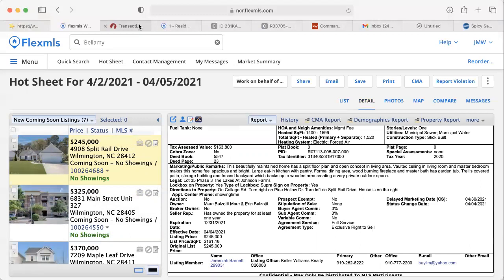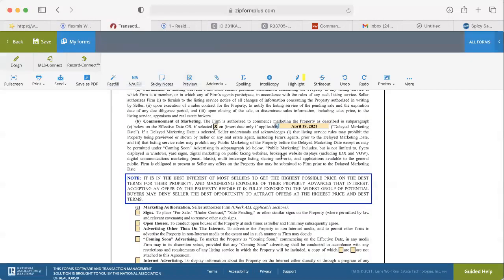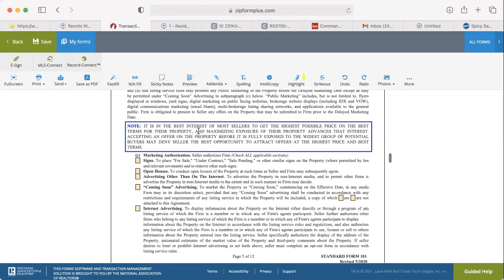Okay. All right, I'm going to go back to our form here. I want to read what's in this blue box. It is in the best interest of most sellers to get the highest possible price on the best terms for their property, and maximizing exposure of their property advances that interest.